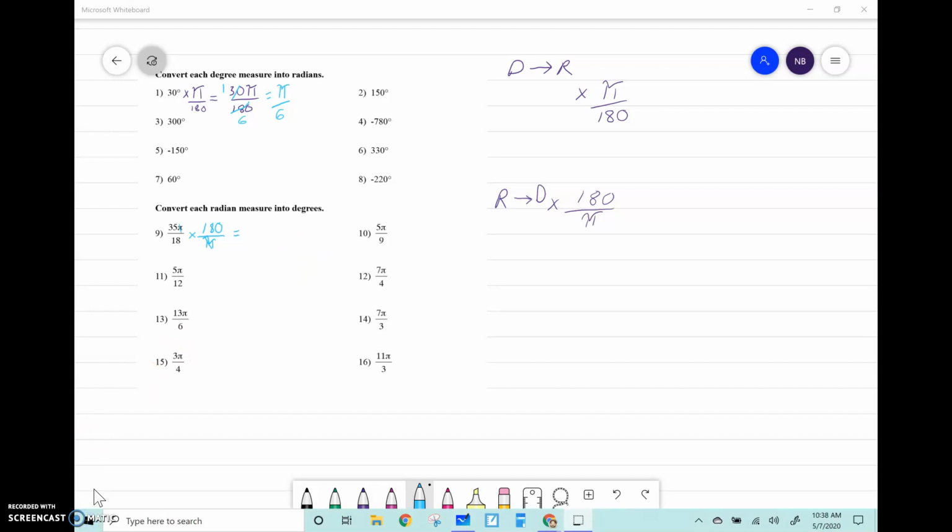After we cancel out those pi signs, we just take 35 times 180 and we end up with 6,300 over 18. Alright, so we'll simplify that fraction and carry out the division, and 6,300 divided by 18 gives us 350 degrees.